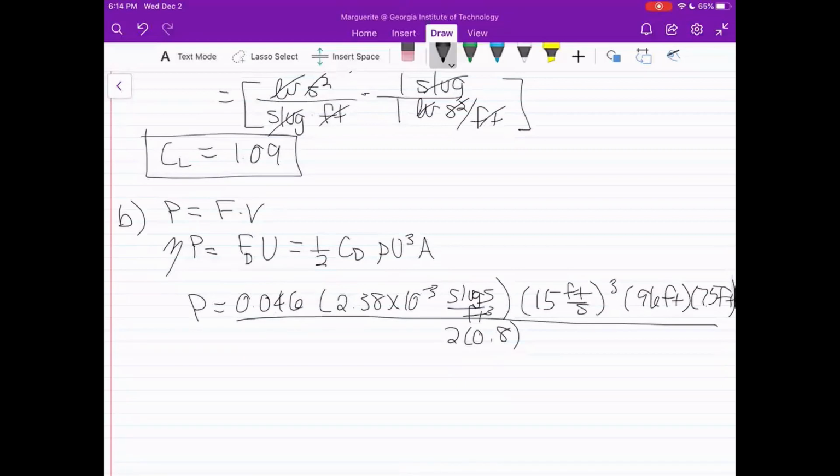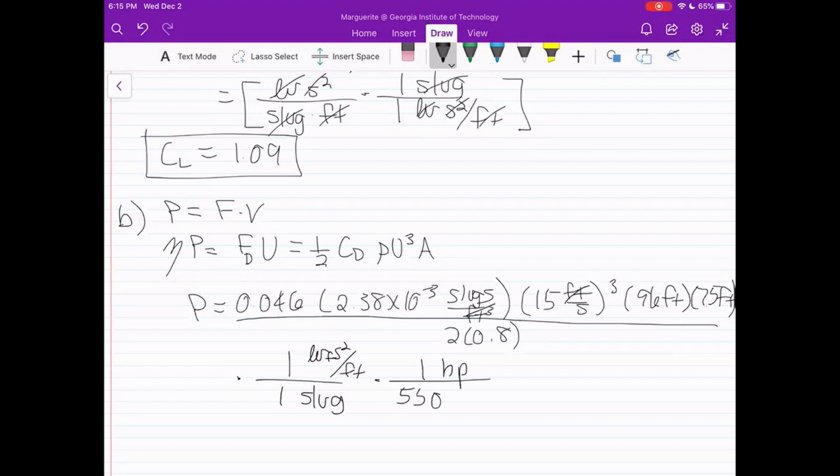Okay, and then units again. We're going to have foot cubed, and that cancels. Then we transfer 1 slug to 1 pound F second squared per foot. And then we want our final answer to be in horsepower, so we do horsepower divided by 550 foot-pound per second.